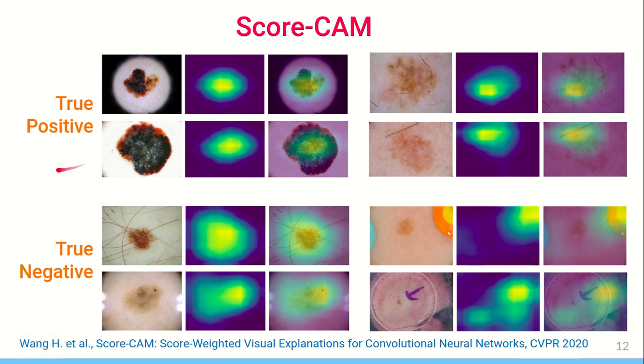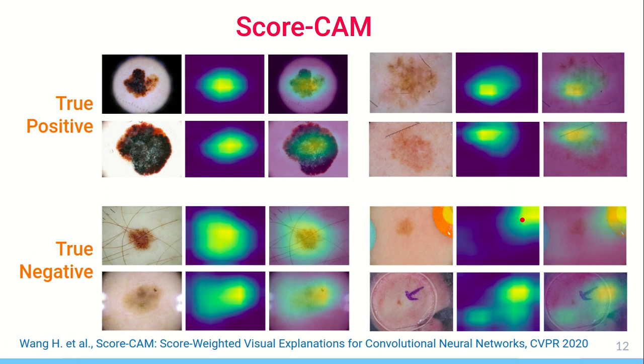First, true positive, where the model correctly classified the melanoma class, and true negative, where the classifier correctly predicts benign lesions.